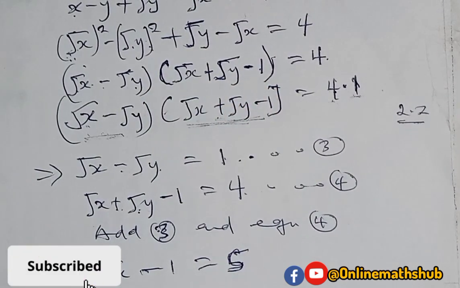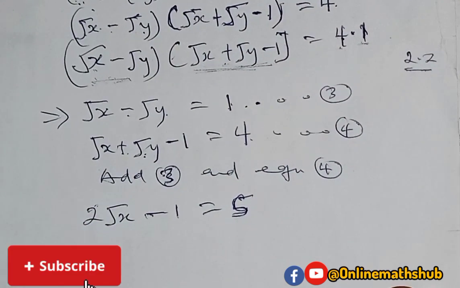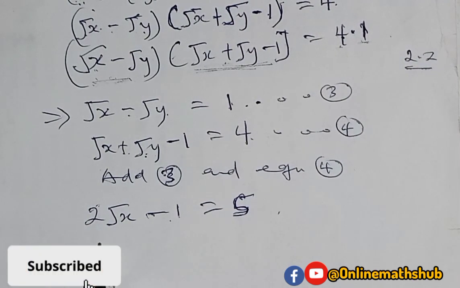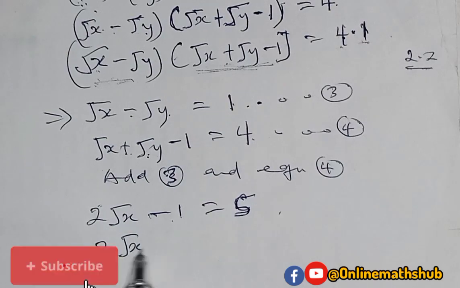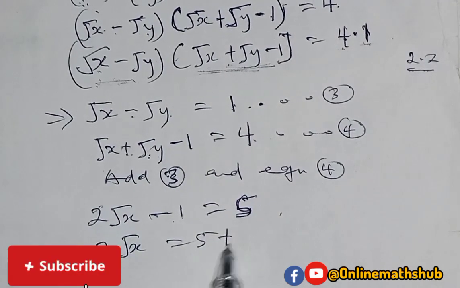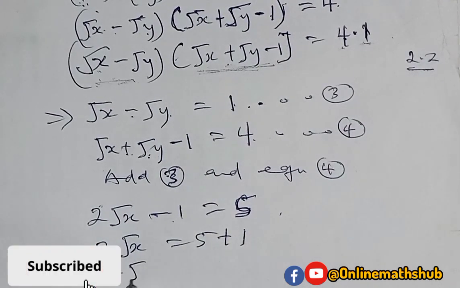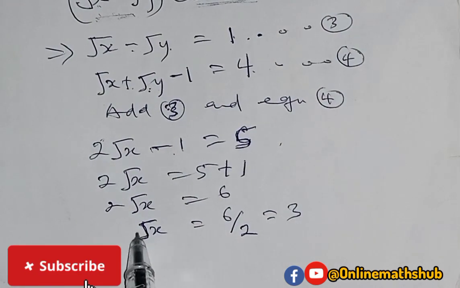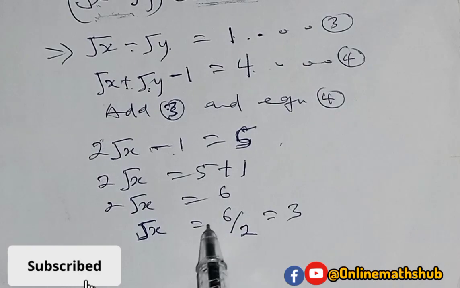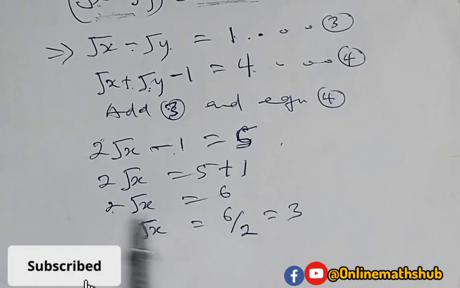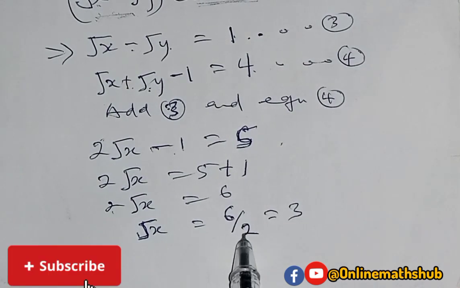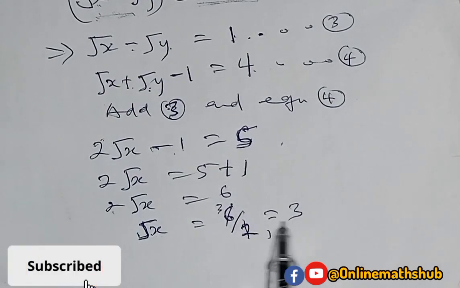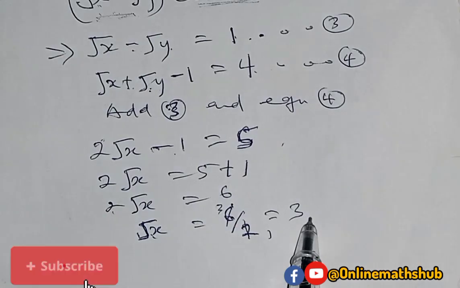That is what we have at that point, and then I can take this one to the right hand side, so 2 root x is equal to 5 plus 1, and so 2 root x is equal to 6. So root x is equal to 6 divided by the coefficient of x, which is 2, and so root x is equal to 3.